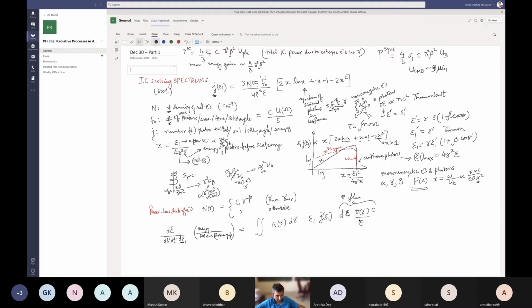Okay, so this is what we have. Now we know the expression for J epsilon 1, which is given here. Let me just call this function f(x); it is just a function of x.